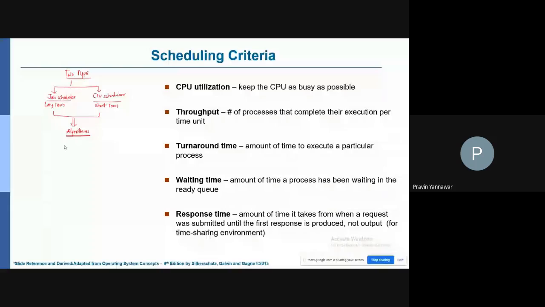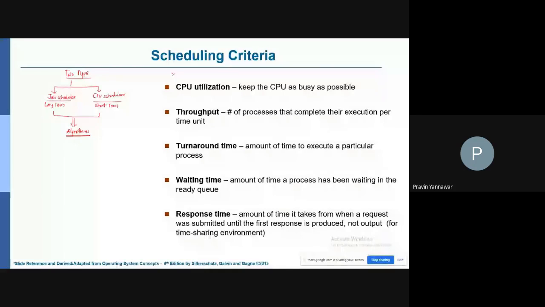We need to keep our processor busy so that maximum utilization can be there. So the first criterion for these schedulers will be CPU utilization. The percentage of CPU utilization is very important.